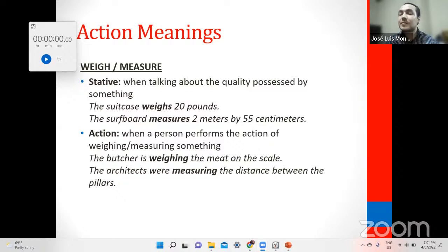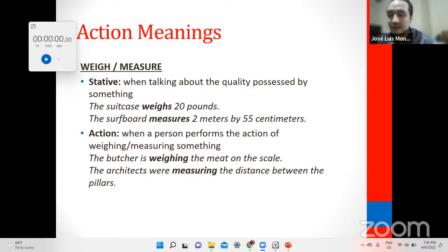But the other one is the butcher, right? Is weighing the meat, right, on the scale. So it's going to be, okay, I'm weighing the meat and this is 5 kilograms, okay, the next meat. So is weighing, doing the action. Or the architects are measuring, right? Are measuring the pillars or the distance between the pillars because they are using a tool to measure the distance, all right?